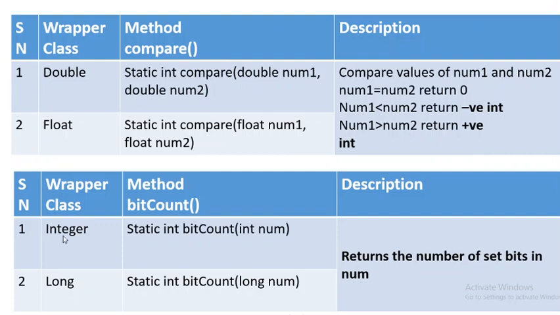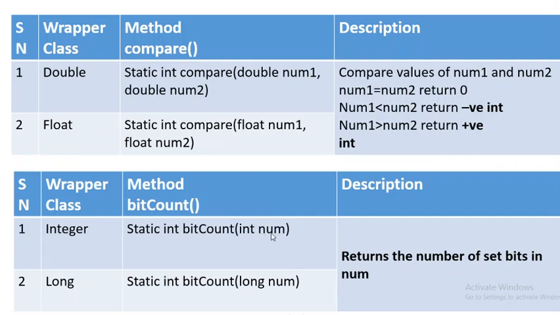If you are using the Integer wrapper class, it can be used like static int bitCount(int num). Again, this method is a static method. That means if you want to use this method, you need to use the name of the class, Integer.bitCount, and in brackets you can put any integer number.